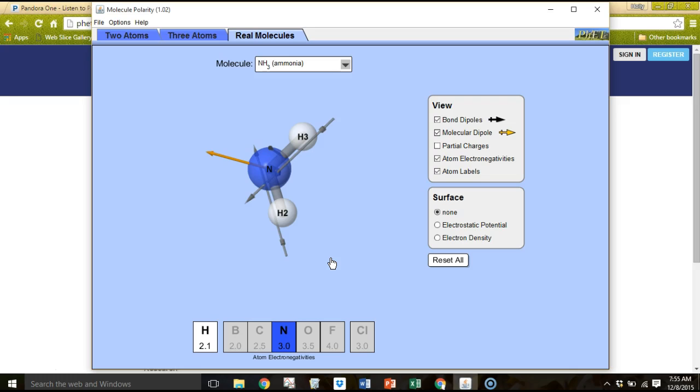When we look at the shapes that have lone pairs attached, that causes asymmetry. So those shapes would be bent or angular, or trigonal pyramidal. Those two shapes tend to be polar shapes. And again, that's because of that presence of the lone pair of electrons on the central atom. Its presence takes up space, but when we look at the overall polarity of the molecule, there's nothing on that side.